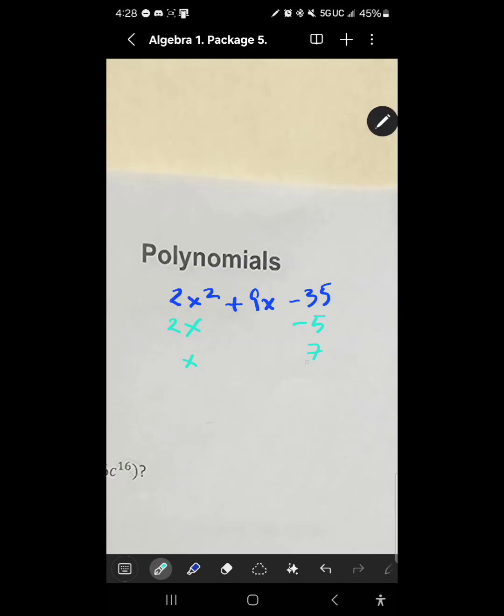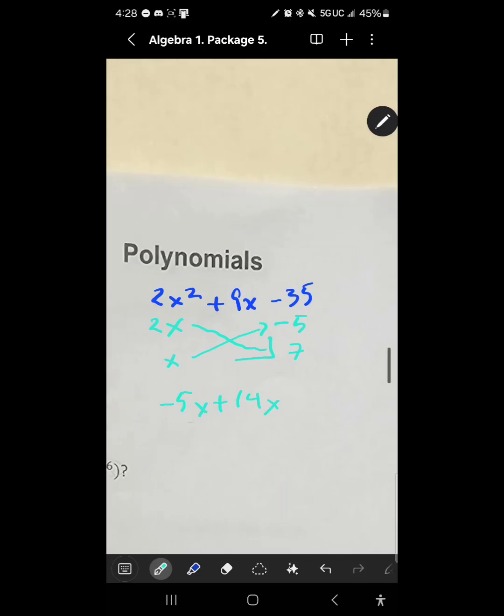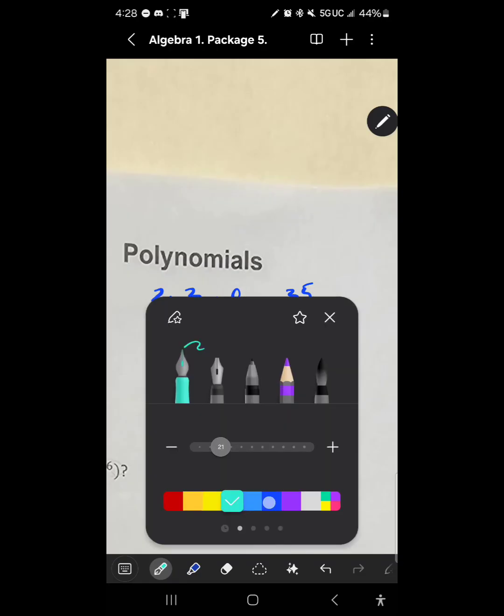So here, cross multiply. Negative 5 times x is negative 5x. Then 7 times 2x is 14x, which is positive. And 14x minus 5x is 9x, which is the same, so we are fine.